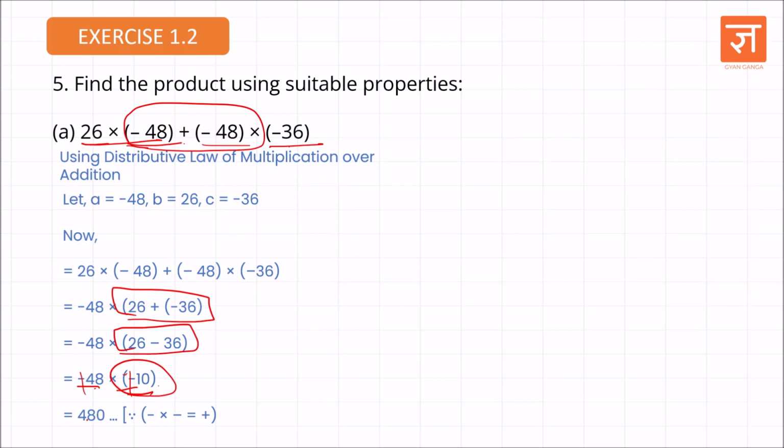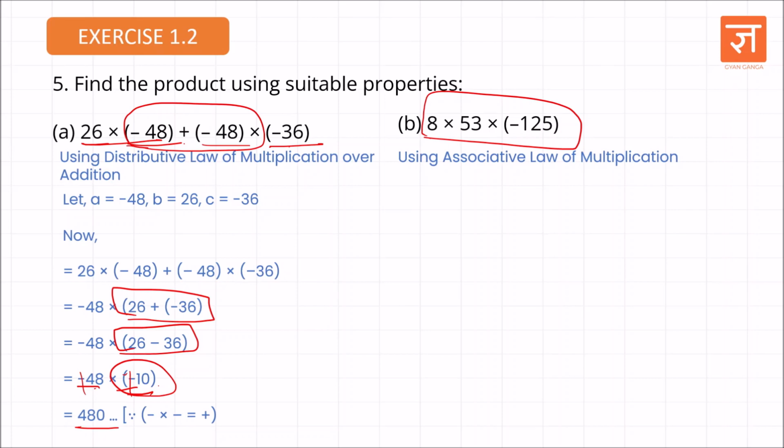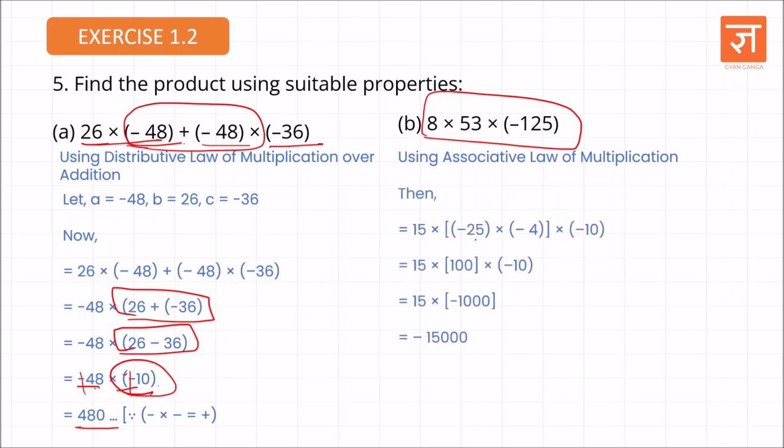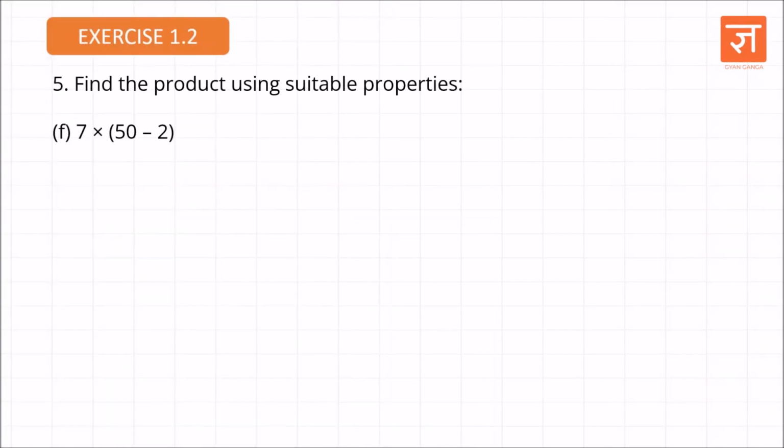Again we have this. Here it is. You can use the associative law. You can just solve it like this. Then you have the product using again this. You can see minus, so distributive law over subtraction. We have 7 into 50 minus 7 into 2.